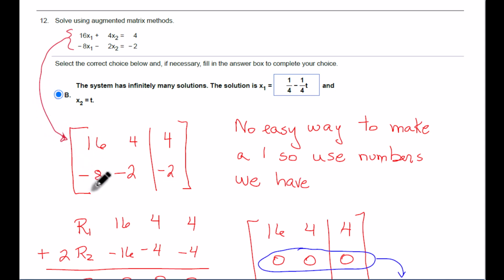All right, so there's no easy way to make a 1. But I'm thinking, I see this -8. I see that 16, and I'm thinking 2 times -8 is 16. And so I can add these two up and make a 0. All right, so I think I'll do that.